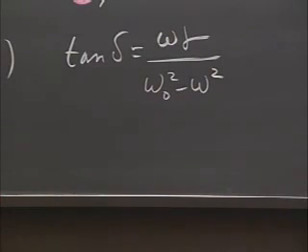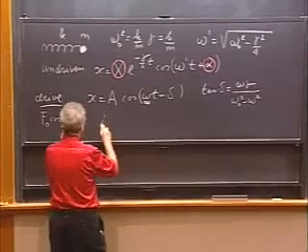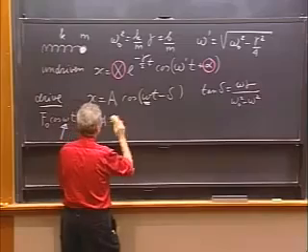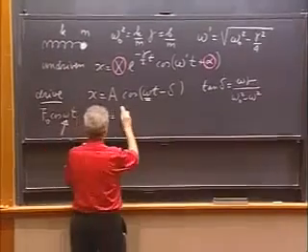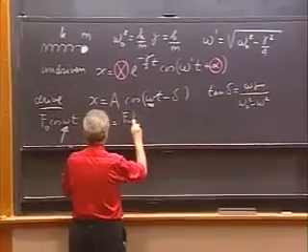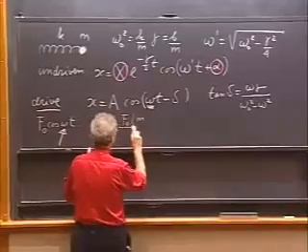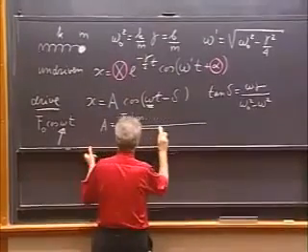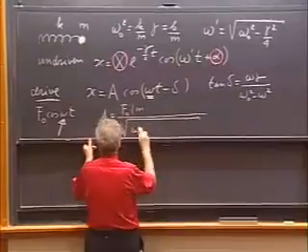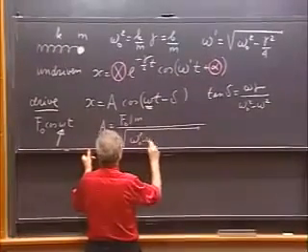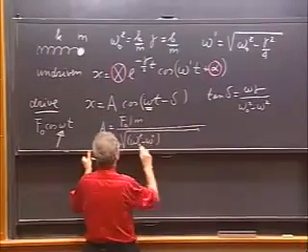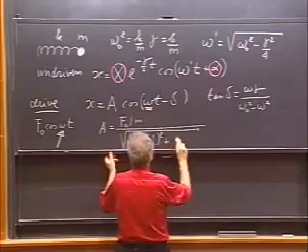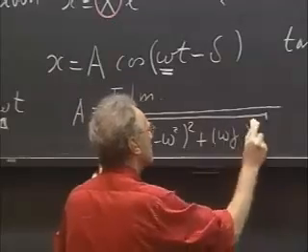And we found for A this monstrous solution. Remember, upstairs we had F0 divided by M, and downstairs we had the square root of omega 0 squared minus omega squared, all squared, plus omega gamma squared.